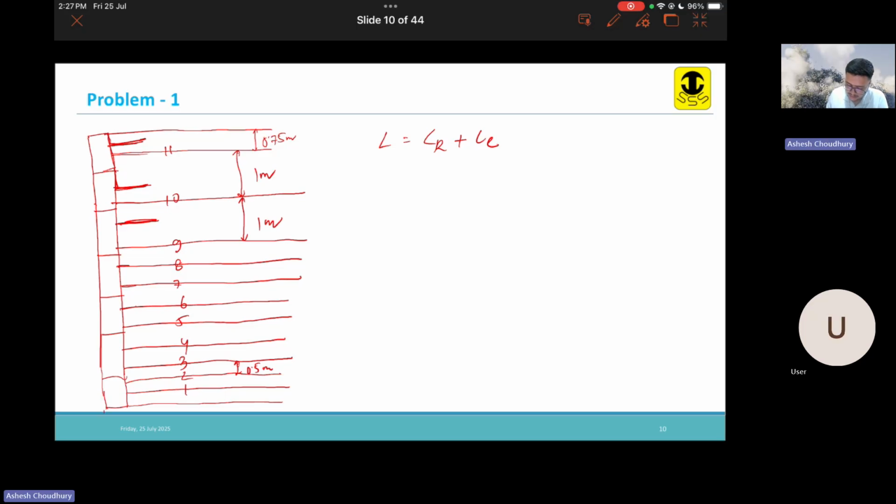Find out L_R, you already know, right? Find out the expression for L_E. What will be L_E? Try to do that.